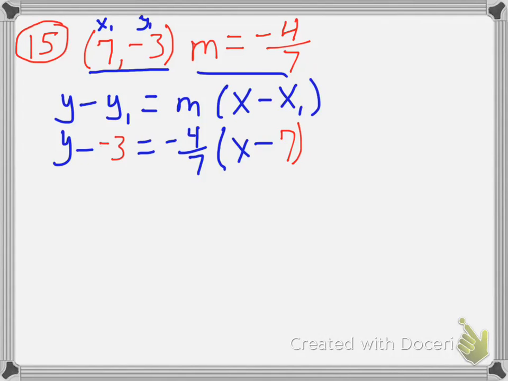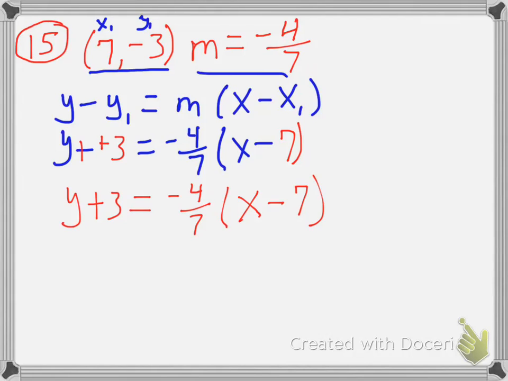Alright, so now I need to clean up my signs. Minus a negative becomes a plus, so it's going to be y plus 3 equals, my slope is negative 4/7. And then in the parentheses, nothing to simplify, so I just leave it as x minus 7.